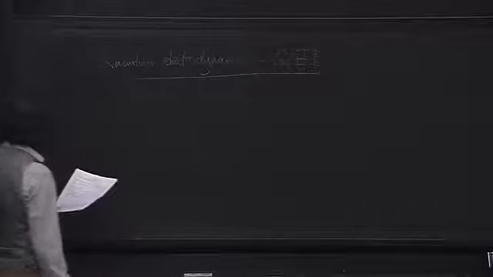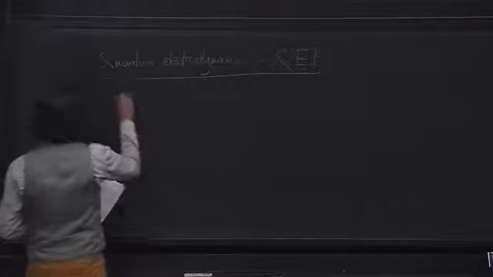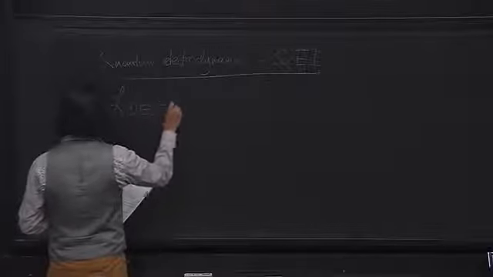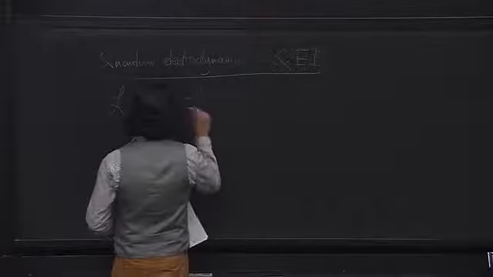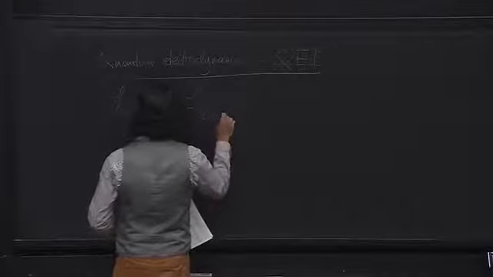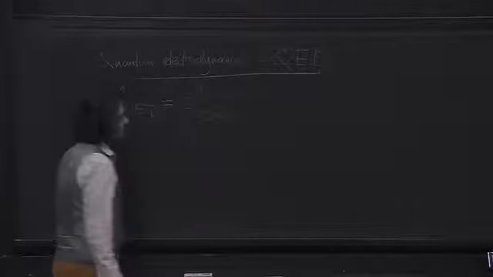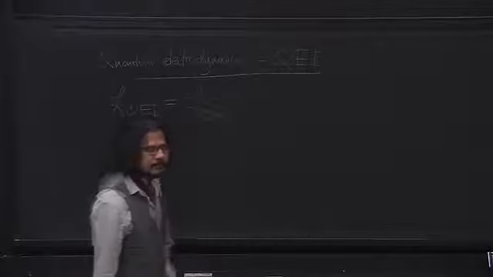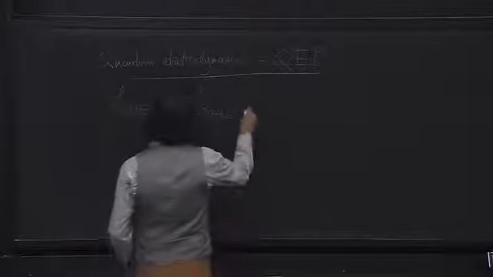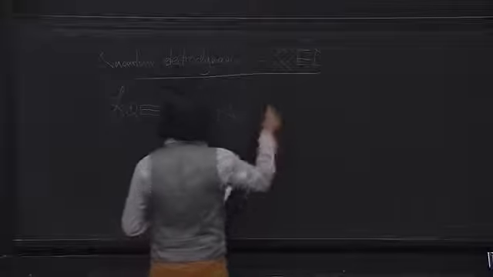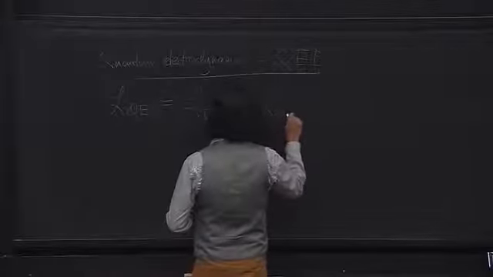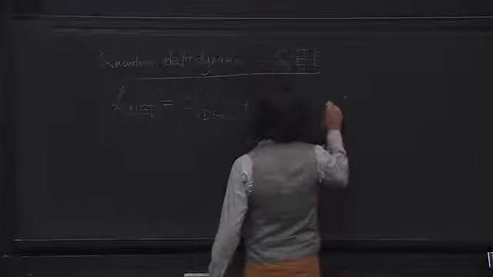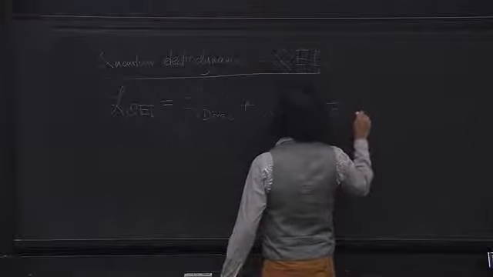So, as usual, we start with the classical Lagrangian for QED. Now, as you know, this is a theory of electrons, and we'll also include muons later on today, interacting with each other via photon exchange. And this is the interaction term.